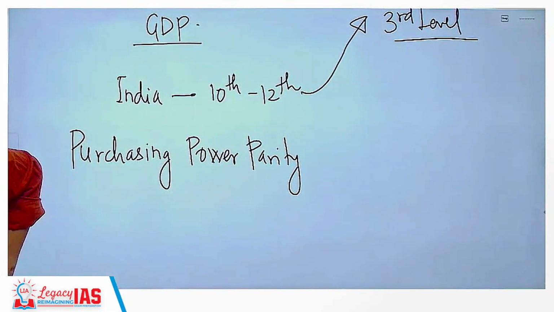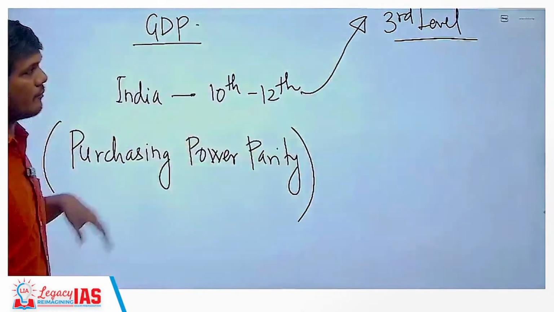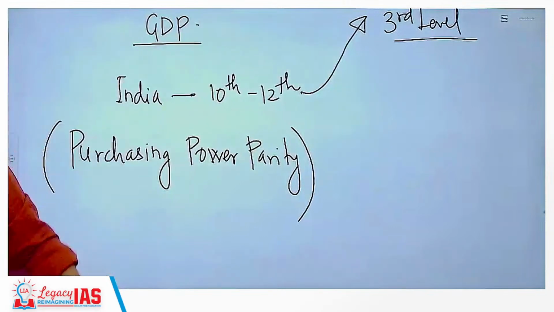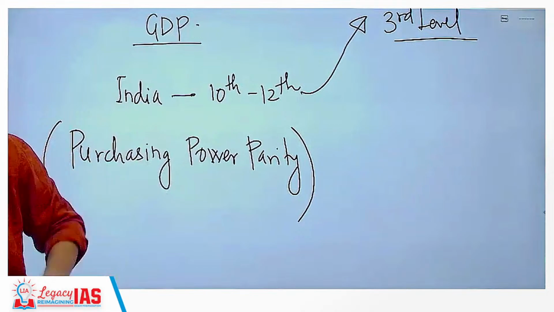Clear? International. International only. This is the World Bank data. So considering purchasing power parity, we are vying for 3rd and 4th position. If you do not take that into account, we are 10th, 12th, beyond 10th level.